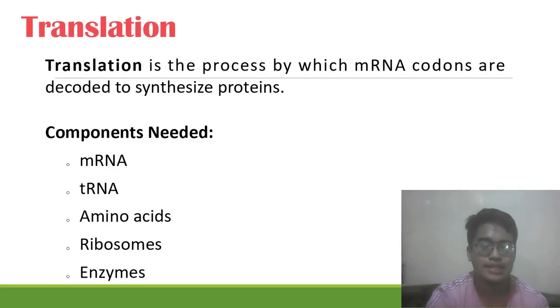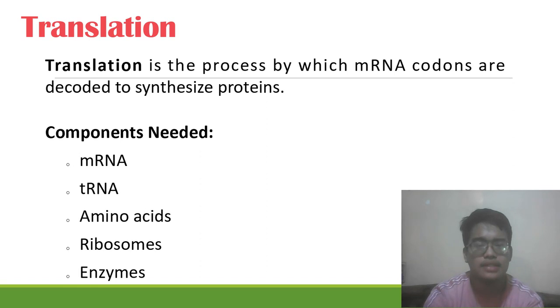So we are done with the tRNA, their functions, their structure, and the relationship of the codon and the anticodon, and the relationship of anticodon and the amino acid. And now let's move on to translation. Translation is the process by which the messenger ribonucleic acid, the codons, are deciphered and a particular protein molecule is synthesized.